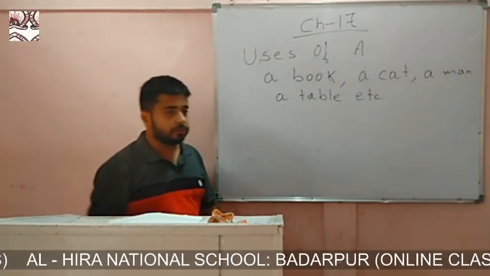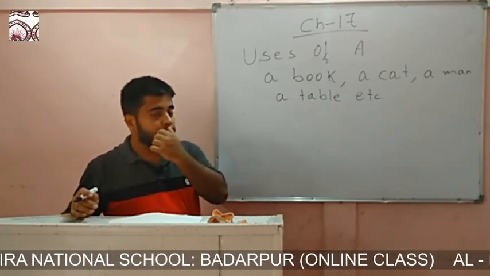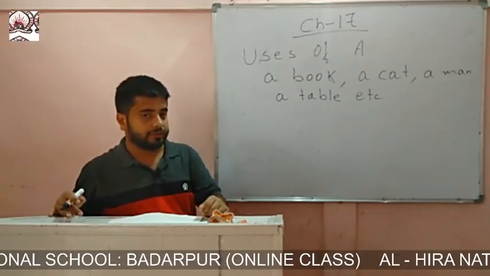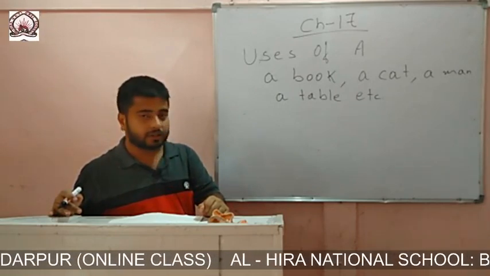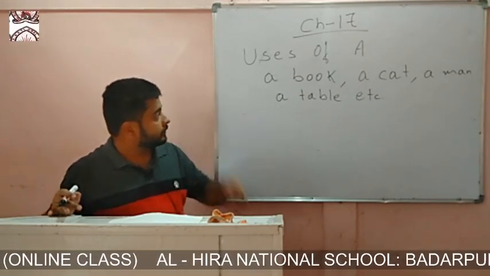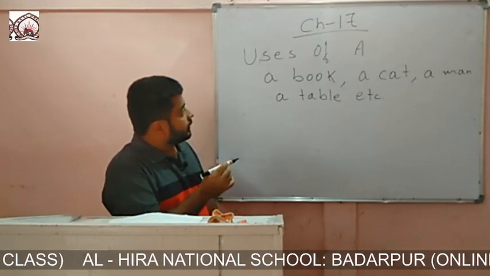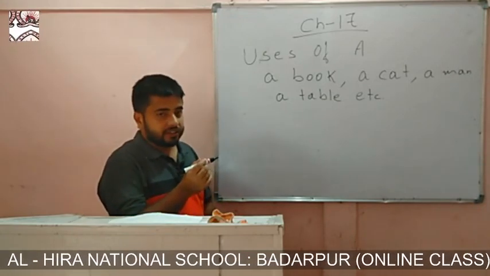So we will use a with the words beginning with consonant. That is a book, a cat, a man, a table, etc. We will use a. Now I'll show it by writing a sentence from one of these.